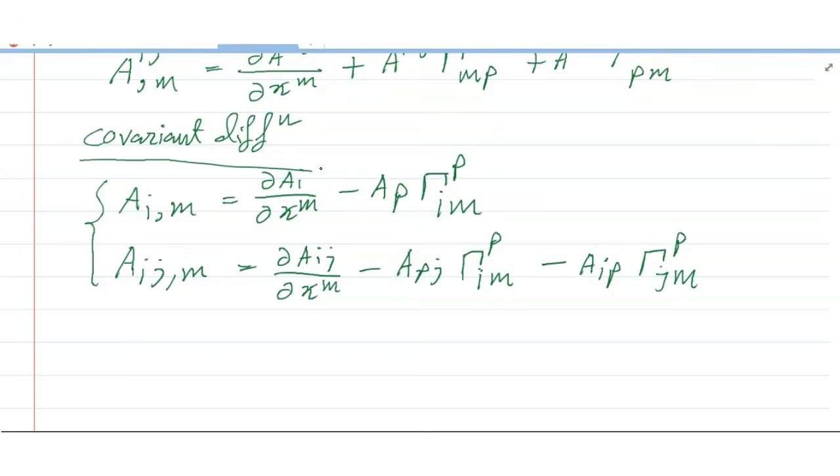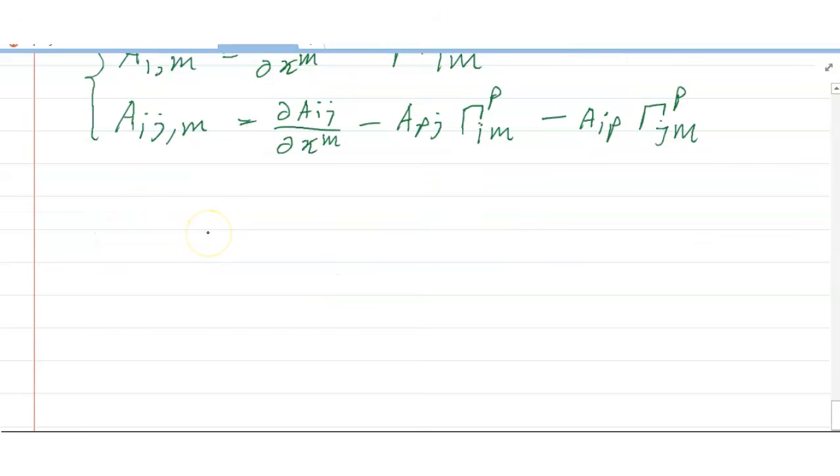Now we have to learn: number 1, del g_{ij} divided by del x^k equals gamma_{jk,i} plus gamma_{ik,j}.